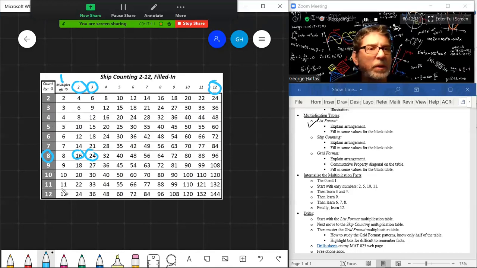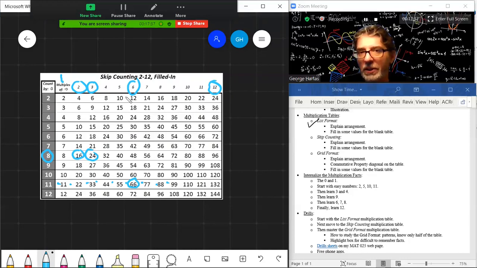Let's take the number 11. 11, 22, 33, 44, 55, 66, 77, 78, 88, 99. As you can see, patterns show up, right? Patterns show up. So when you multiply by 11, whatever multiple it is, it's going to be that number.